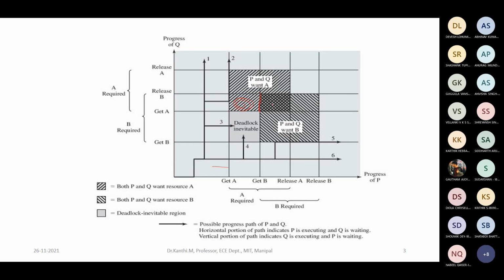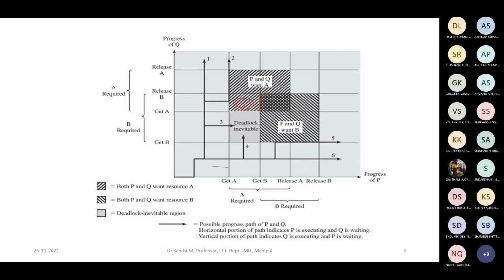Here again, P and Q are both interested in the particular resource. Suppose P is holding A and Q is holding B, then both want the same resources, and neither is able to get them as they are not yet released by the other process. Then there is a possibility of deadlock.